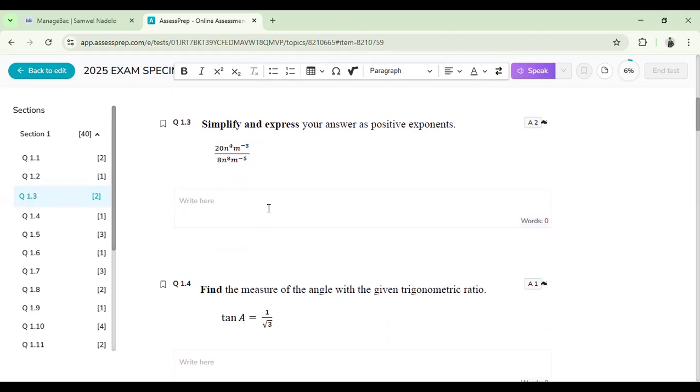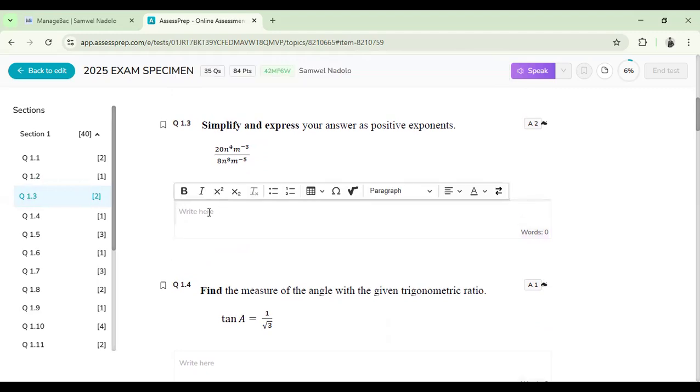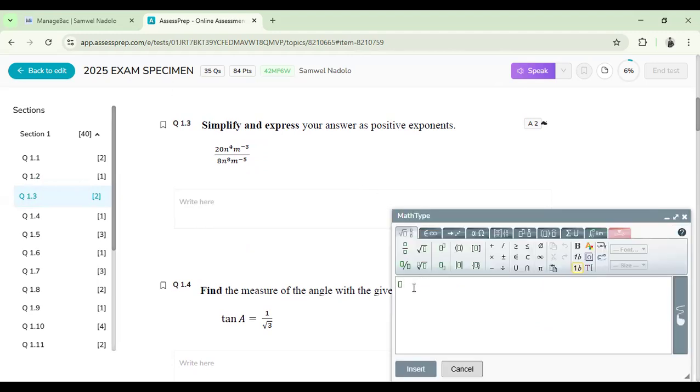simplify and express your answer with positive exponents. So this tests the concept of indices, or simplification of powers, or basically algebra. So you can come and type your questions here. You can do this step by step. Note that you can divide the numbers.